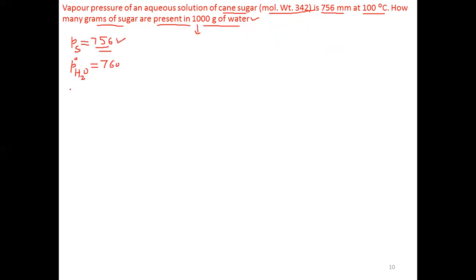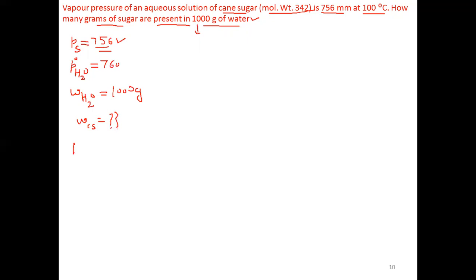Now we are given the weight of water. W water is equal to 1000 gram. We need to calculate here W cane sugar, I will write it CS. What else we know?